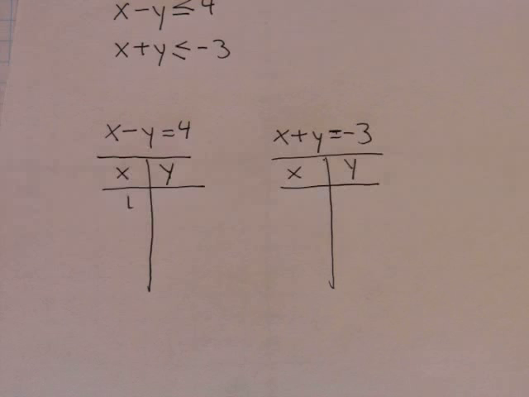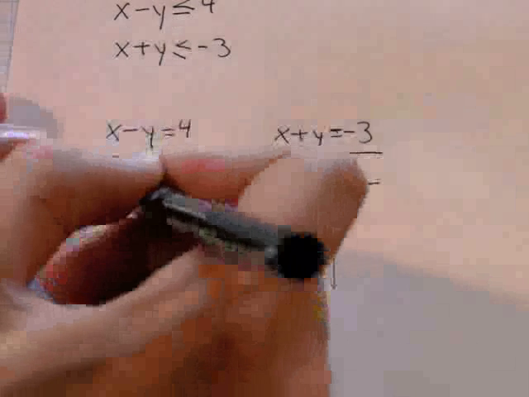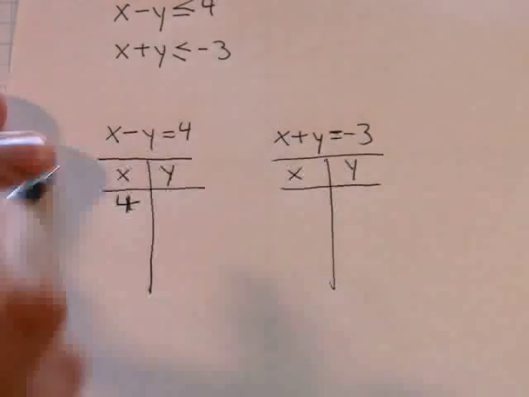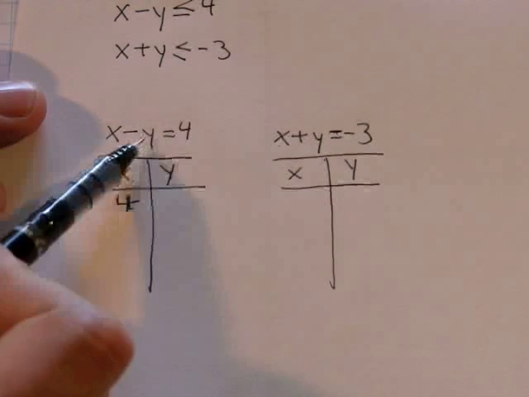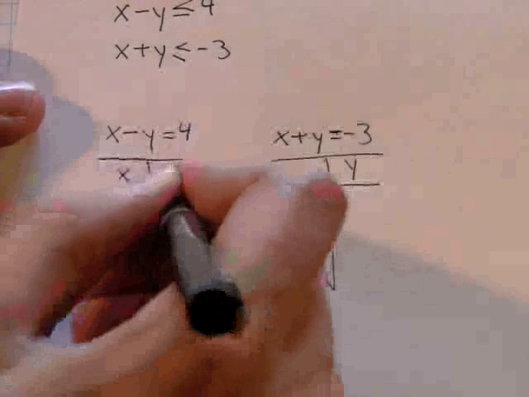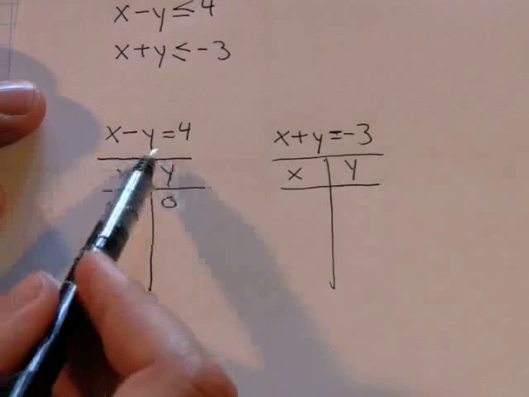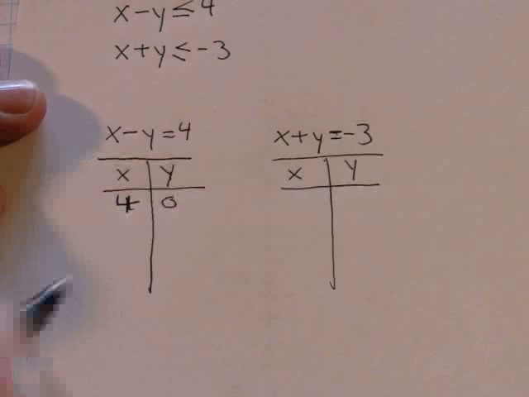So this one down here, we know that when x is 4, this would have to be 0. And let's just start from the y. It seems easier for the y because all we'd have to do is add it to the other side.